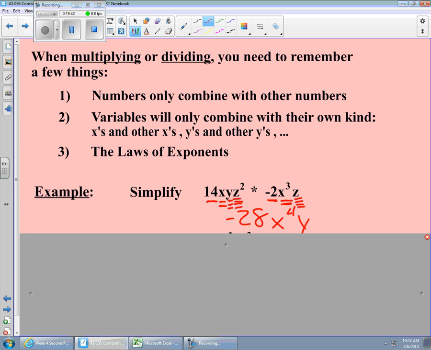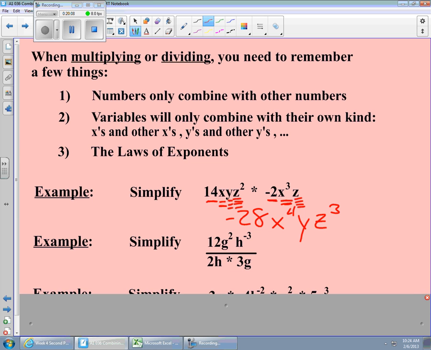And on the other side, we have some more z's. They are multiplying together, which means what do you do with the exponents? Add them up. Yep, that's right. You got z squared, z to the first, add them up, z cubed. And there you go. That is your answer. Negative 28, x to the fourth, y to the first, z cubed. That is how they multiply together.